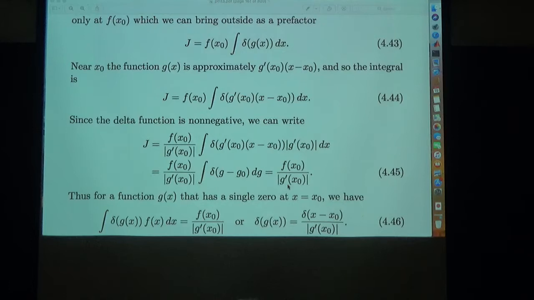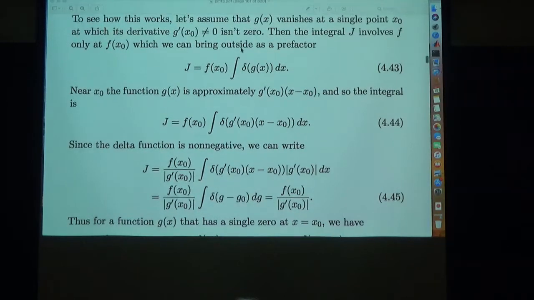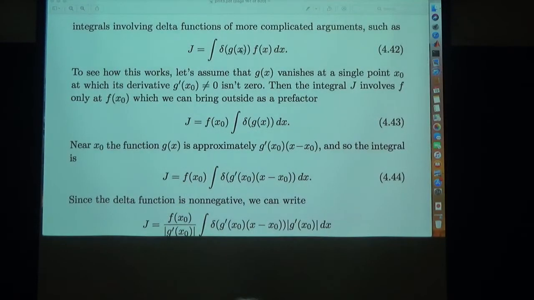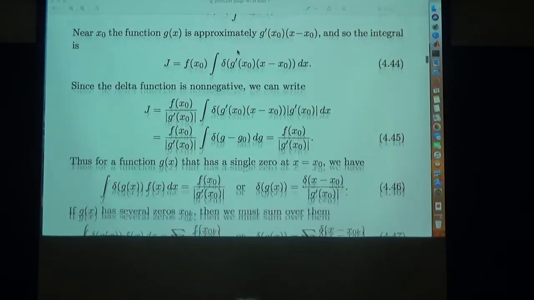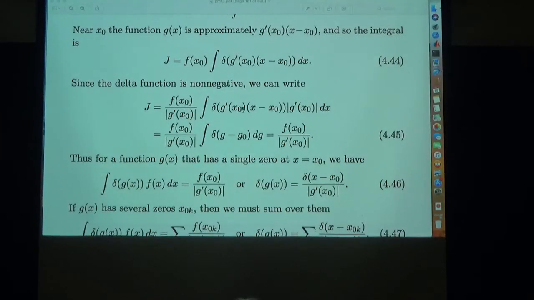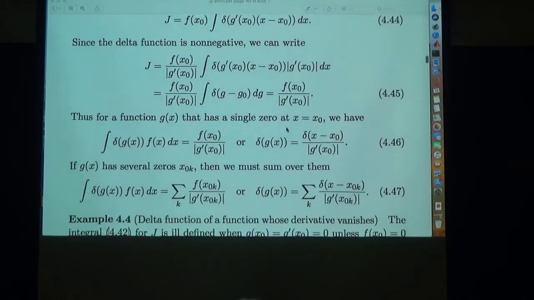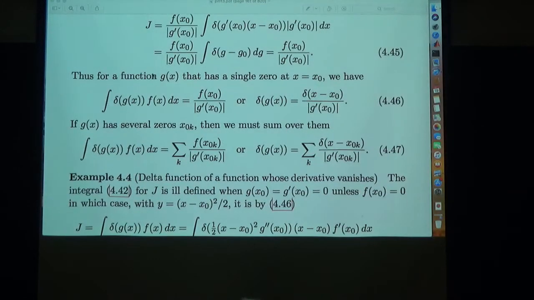It's the absolute value because the delta function is positive. And so the sign of J is the sign of f at x0. And it doesn't care anything about g. It cares only that g should vanish somewhere, and that's the value of x at which it evaluates the function f. So if g has a single 0 at x0, then this integral is this.